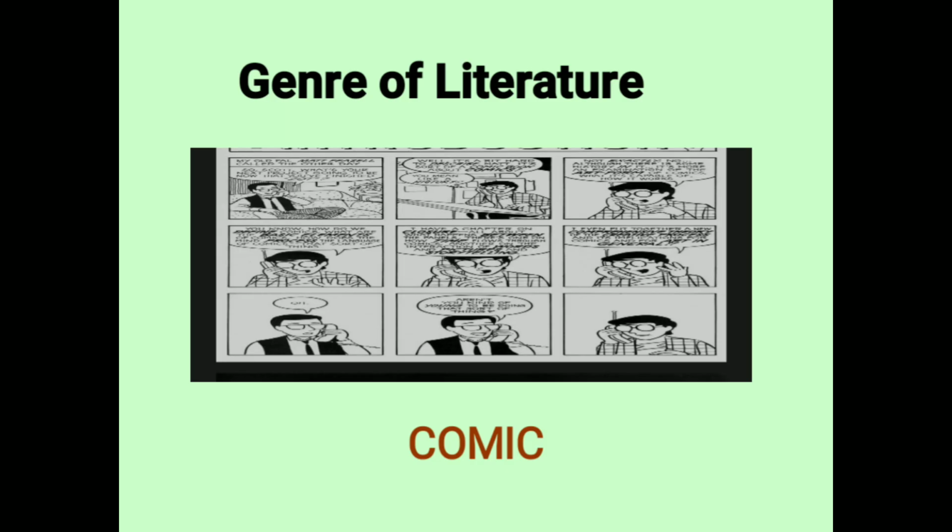A comic is a genre of literature that tells a story through a combination of pictures and words. Instead of long sentences and long paragraphs, comics use illustrations, speech bubbles, and short dialogues to make the story easy and enjoyable to read.